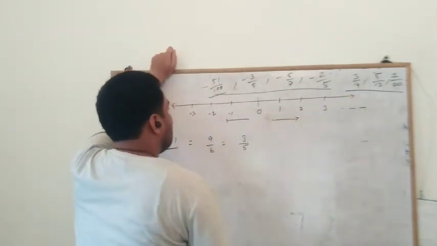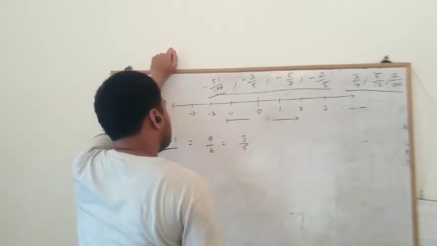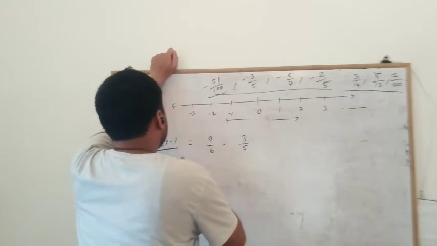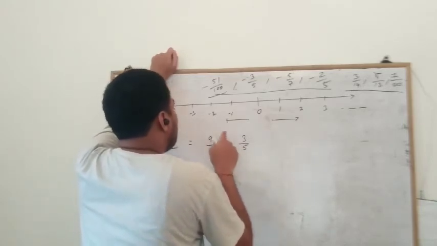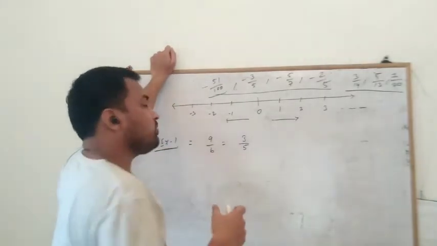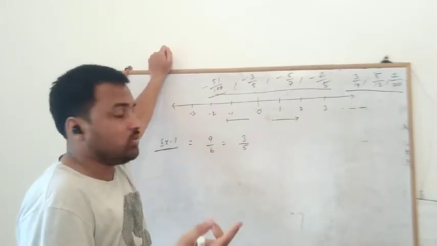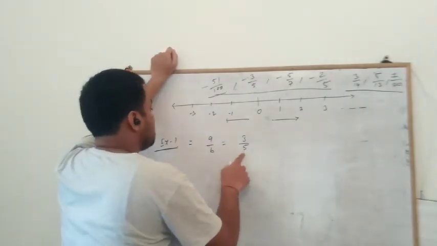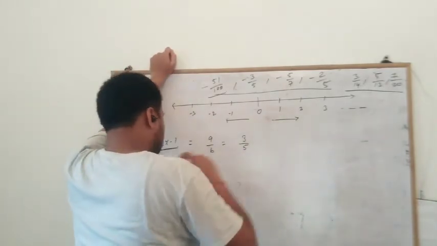So how do we represent these rational numbers on a number line? Try to understand. If we have a by b equal to 3 by 5, first we have to decide between which numbers this rational number will be represented. We find that this rational number will be between 0 and 1.